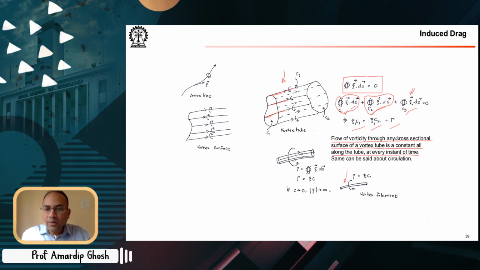So given an instant of time, this product of the vortex strength at C1 is equal to the vortex strength at C2, is equal to the vortex strength at C3, etc. So what this establishes is, if you have a vortex tube like this, the only way the strength of this tube can change is if you shed some strength along some other tube. Okay, so otherwise your strength has to be conserved.